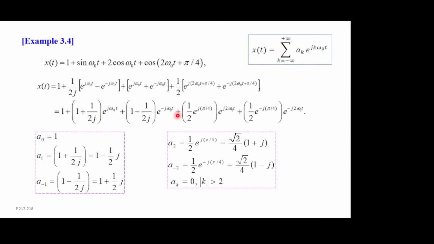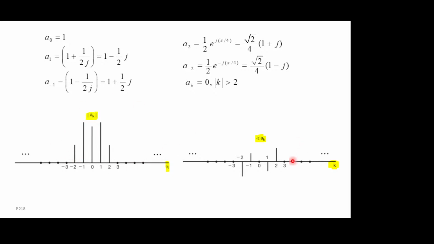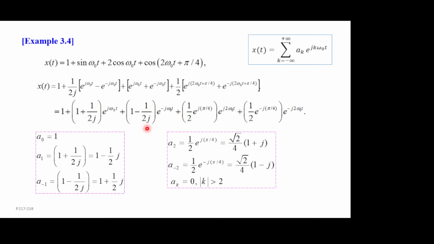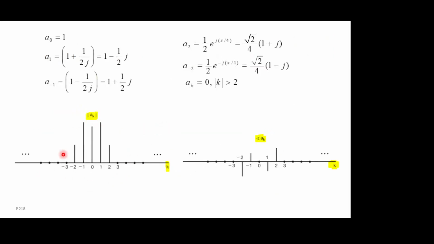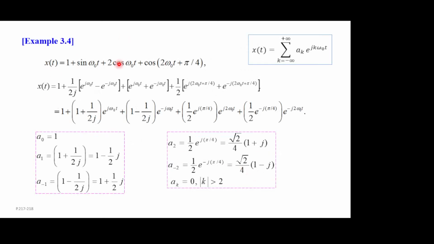So remember, those two plots of ak will contain all information about your x of t. And you see that this is a more efficient representation, because here you are just recording 5 complex values, while x of t is something that extends to plus infinity and negative infinity.